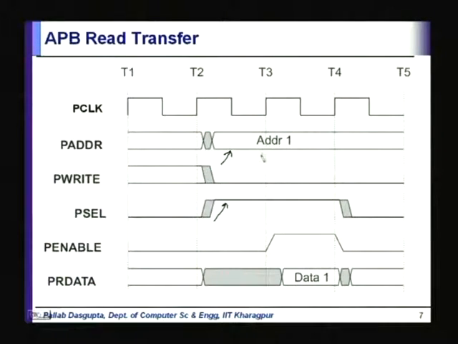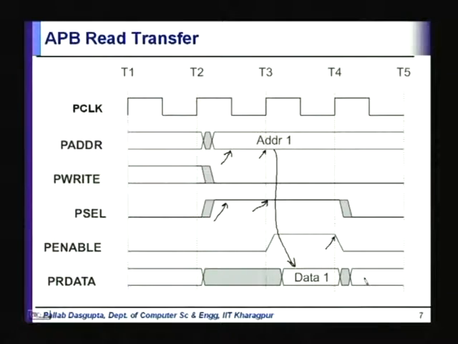So at this time it sees that the address is there, P cell is high, so it reads the corresponding address and floats the data in the PR data line, okay. Now once this data is available, in the next cycle the master raises P enable and reads the data, okay, and then lowers P enable.